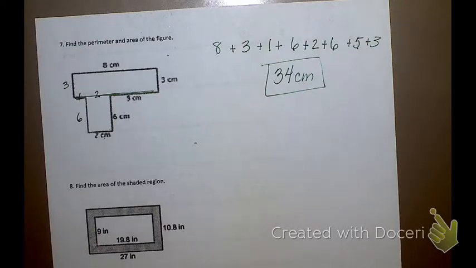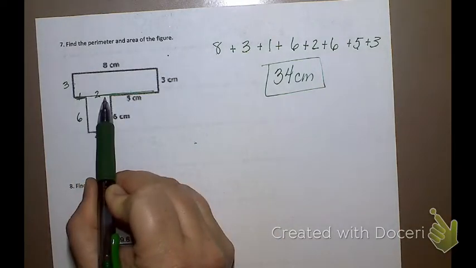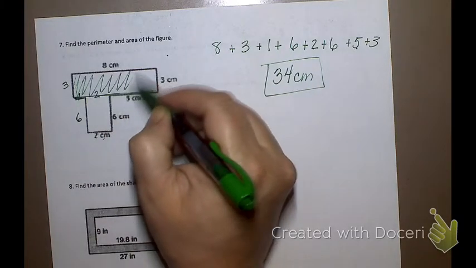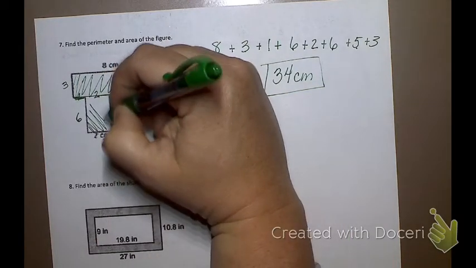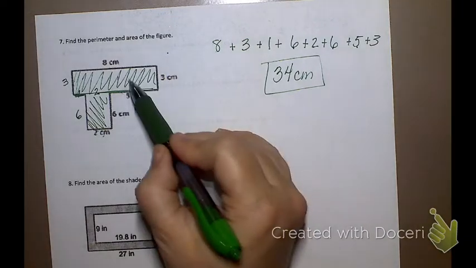So, it also says find the area. Now, I kind of gave a little hint away. By cutting it in half like this, I actually can find the area of this rectangle and then add it to the area of that rectangle, because putting them together gives me the total area, right? How do I find the area of this top rectangle?